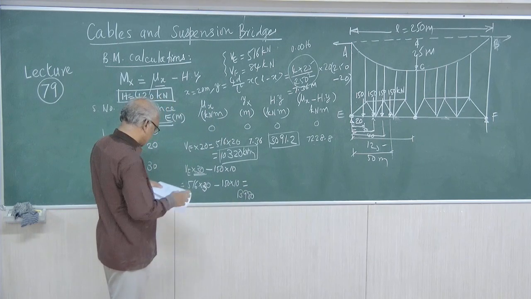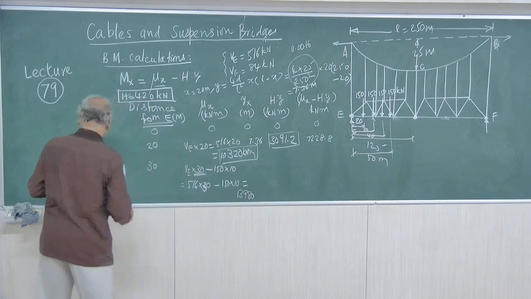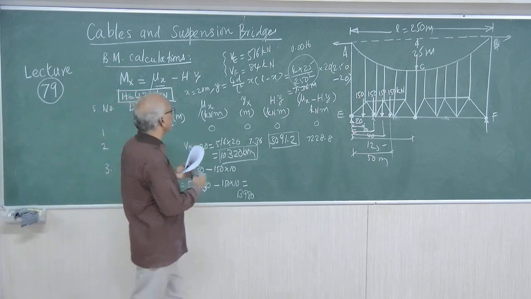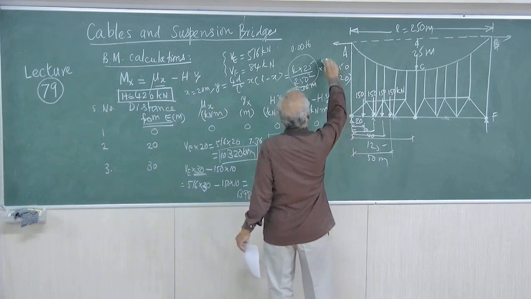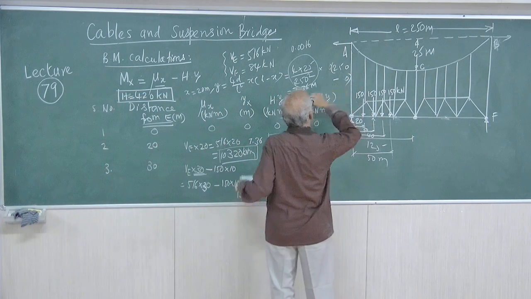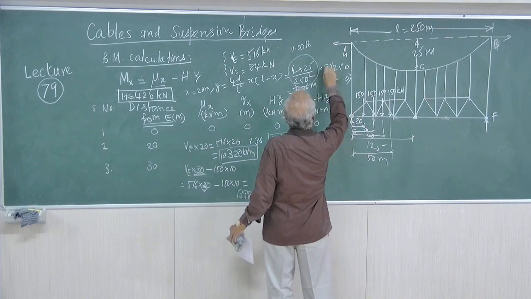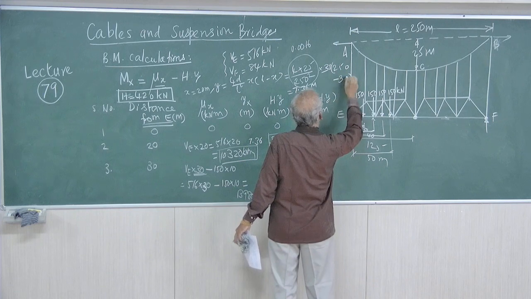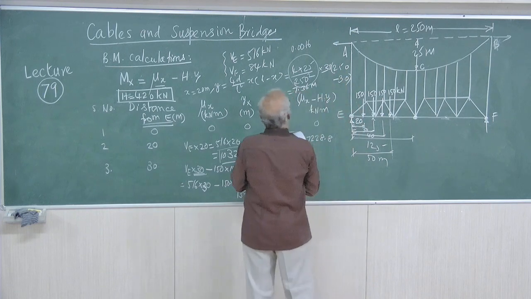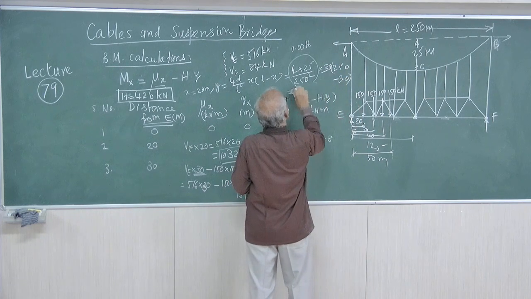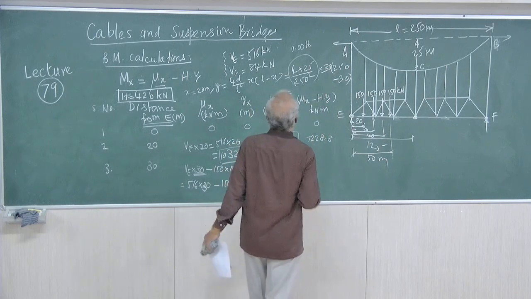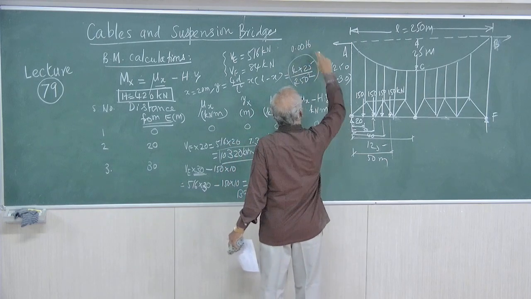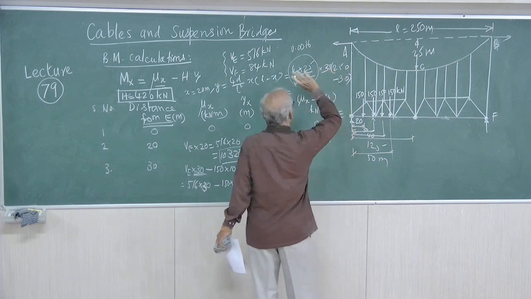Similarly, for y, previously x was 20 meters, now this is 30. So x is 30, L minus x is 250 minus 30, and the first value is 0.0016. 0.0016 into 30 into 220 will give the value.